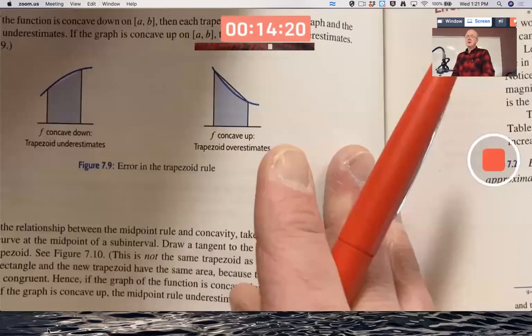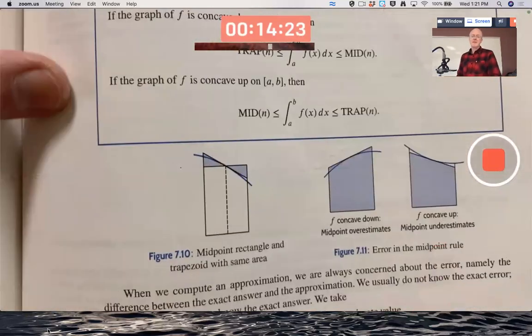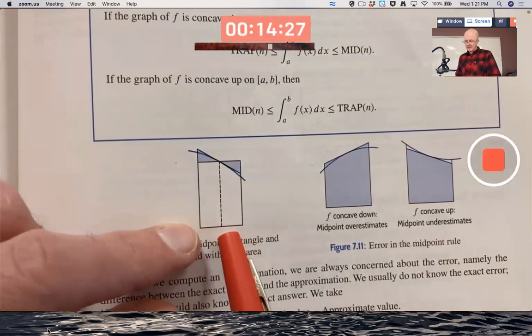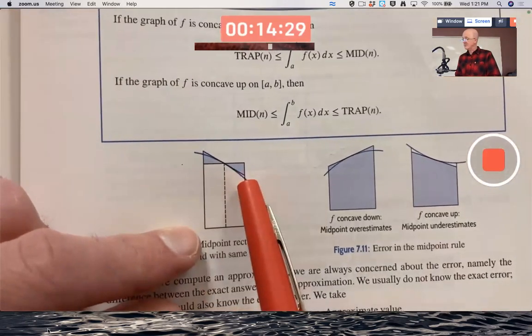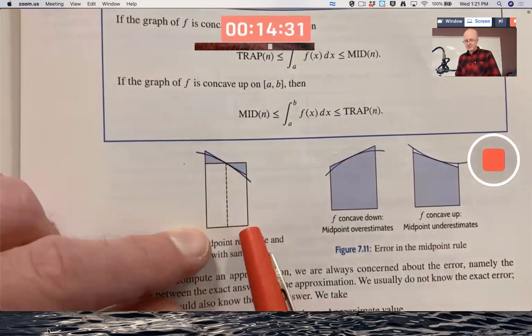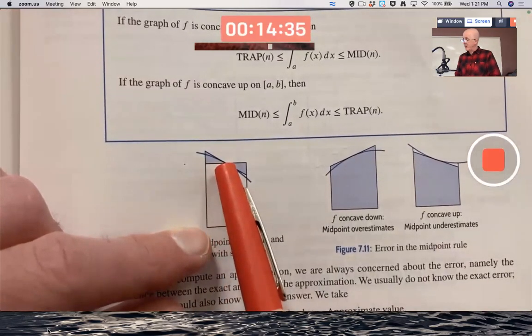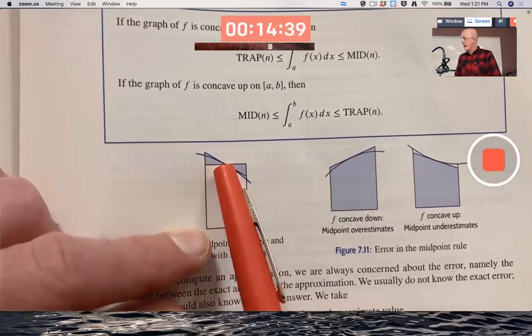It's a little trickier with the midpoint rule. So here's your typical situation with the midpoint rule when the graph is concave down. You got your subinterval, you've got your midpoint. Go up to the graph at that midpoint. The midpoint rule is a sum of areas of rectangles.